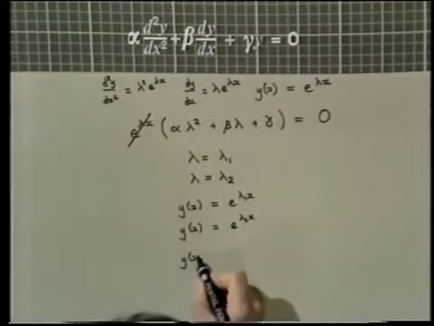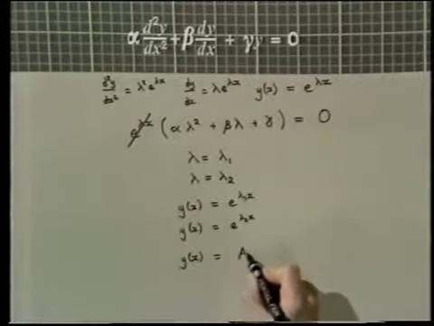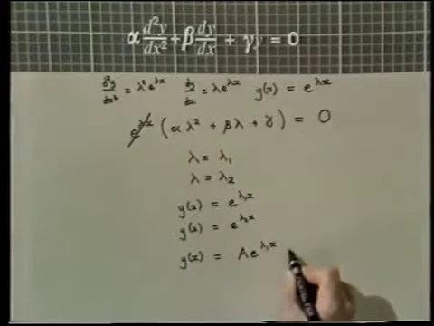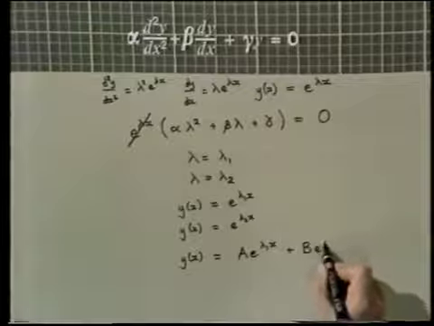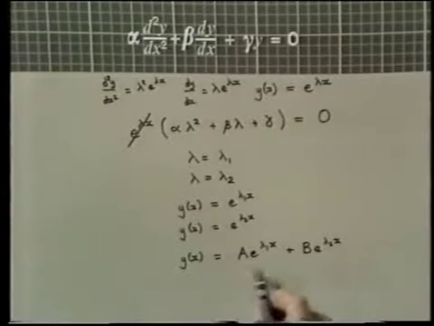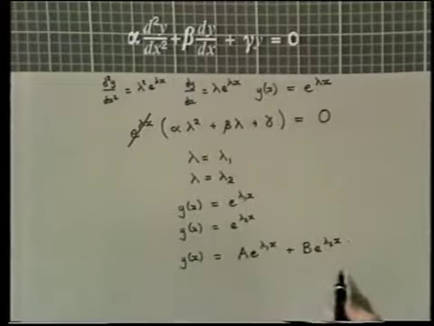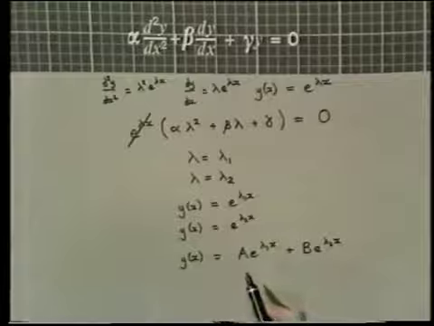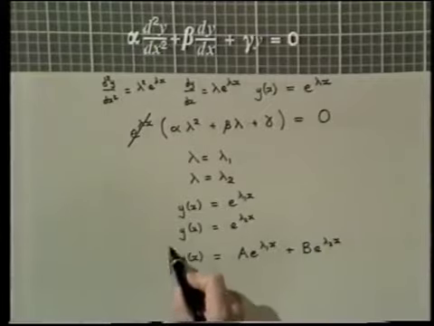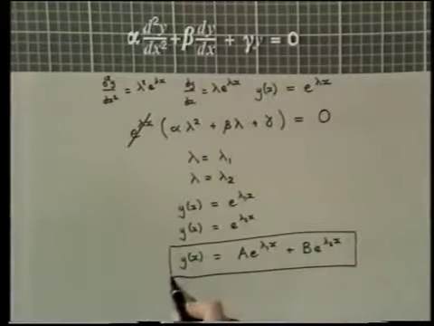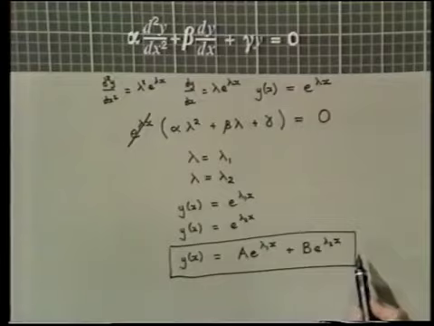In fact, any linear combination of them is also a solution. And in fact, any solution of the differential equation can be written in this form. It doesn't matter what values a and b take, they can take any values, and I'll still have a solution. So a and b are called arbitrary constants, and this is the general solution of the differential equation.